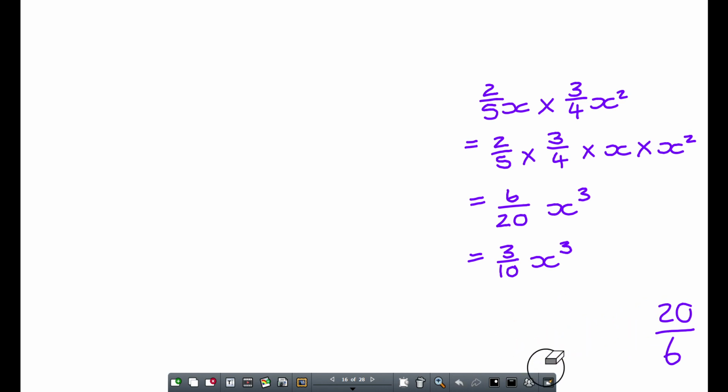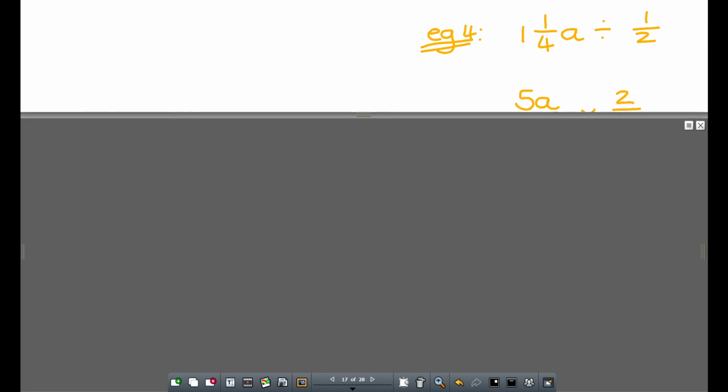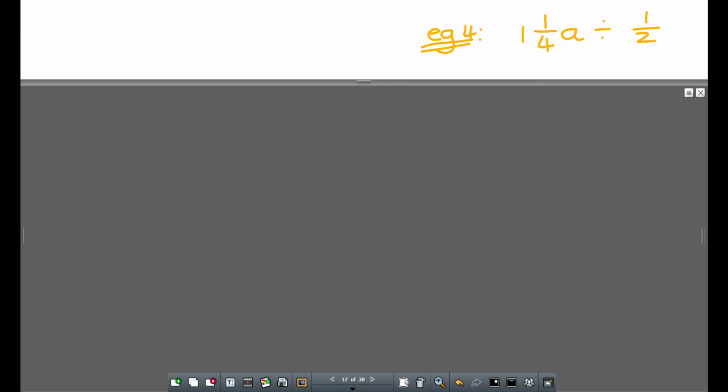Any other questions here? Okay. So that was multiplication. Now, when we do division, I'm giving you 1 1/4 a divided by a half. First step is change that to an improper fraction.